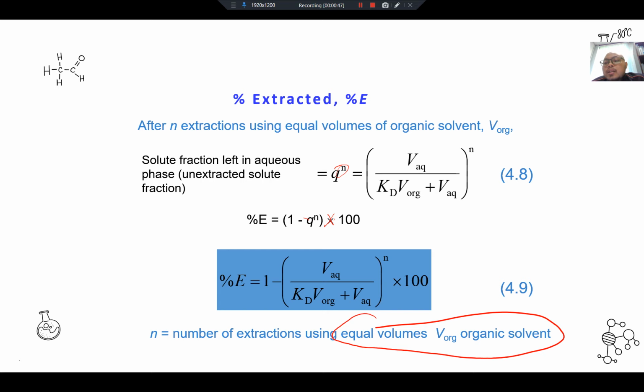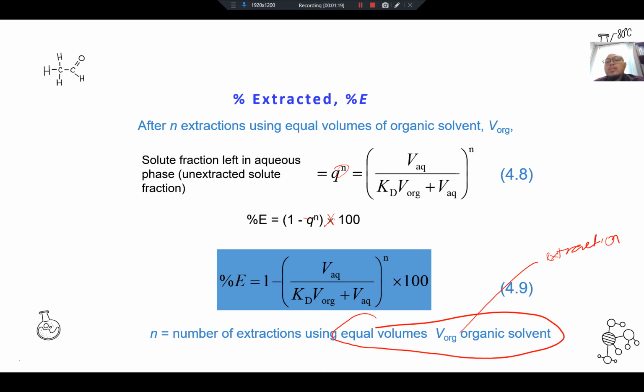Let's say you have performed the third extraction using the same volume of extraction solvent. I don't like to use the words organic or inorganic. I prefer to use the words extraction solvent. Of course, usually we extract with an organic solvent, but sometimes we get confused, because people tend to think that the organic solvent is only non-polar.